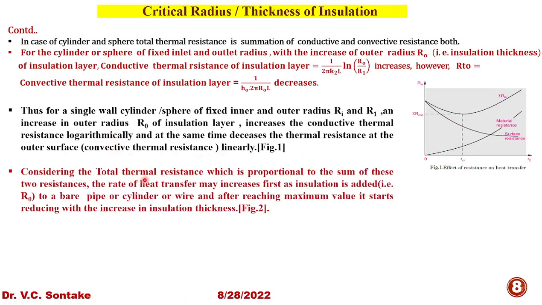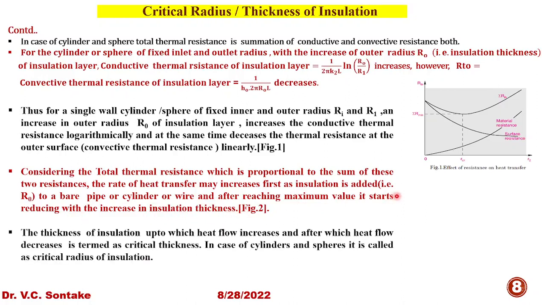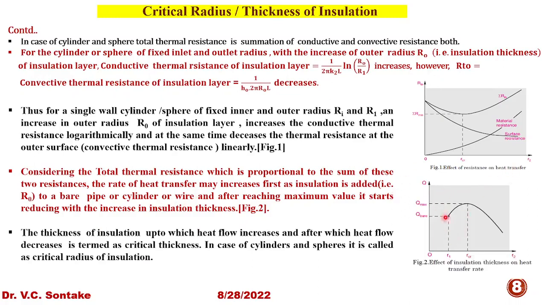Now, considering the total thermal resistance, which is proportional to the sum of these two resistances, the rate of heat transfer may increase first as insulation is added, that is ro, to a bare pipe or cylinder or wire or sphere, and after reaching a maximum value it starts reducing with the increase in insulation thickness. So as shown in figure 2, let us compare figure 1 and 2.